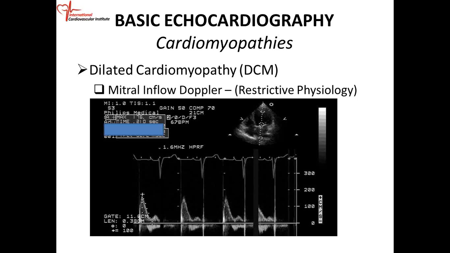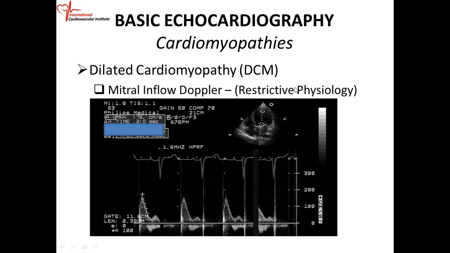Grade 3 diastolic dysfunction tells you that the patient is very, very poor, by looking at your E to A ratio. An E to A ratio greater than 2 tells you that it's grade 3 diastolic dysfunction, or the patient has a restrictive physiology.